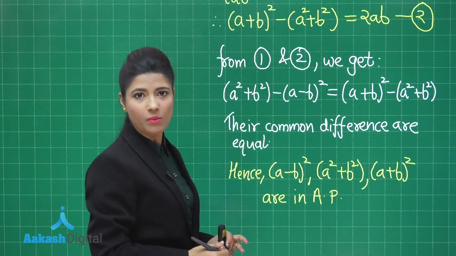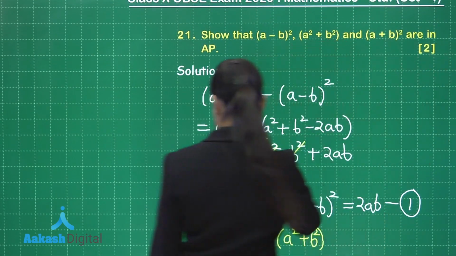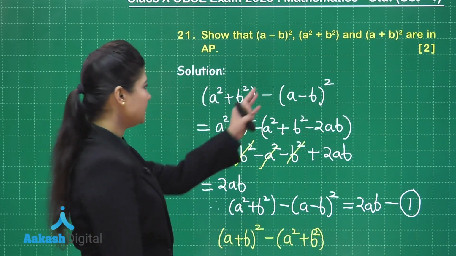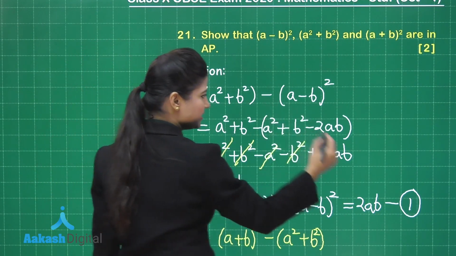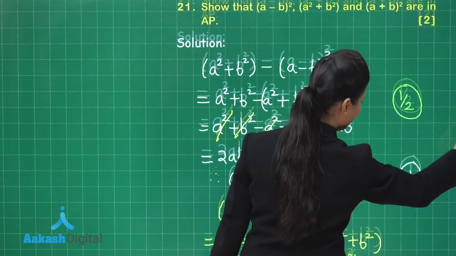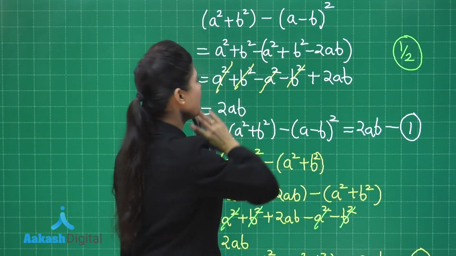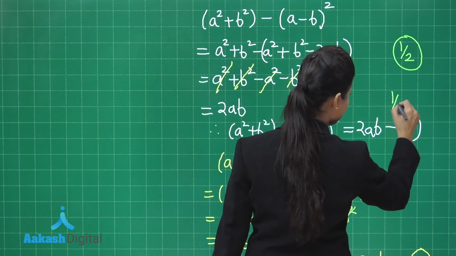So this was a 2-marker question, and in this question, when you have firstly taken the difference of the second and the first term, you have expanded this identity till the step you will get half mark. And when you have obtained the difference of the first 2 terms as 2ab, in this step also you will get half marks.